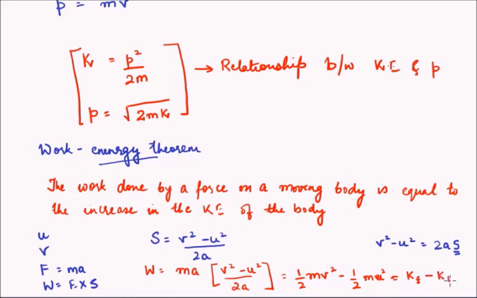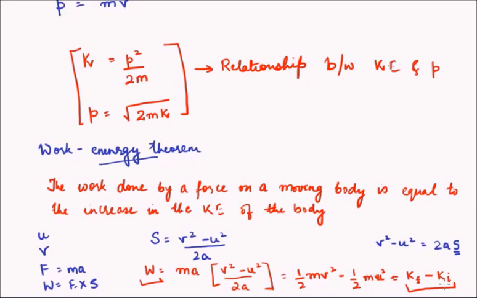So what we get is that the work done is equal to the final kinetic energy minus the initial kinetic energy, and this relation is exactly the statement of the work energy theorem. We have mathematically proved the work energy theorem.